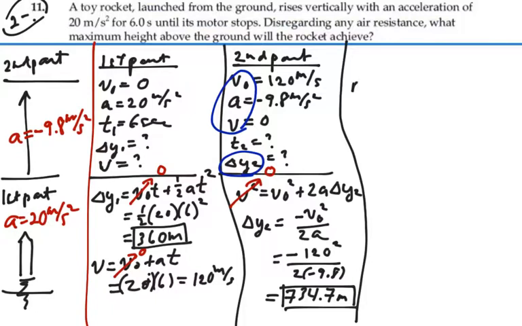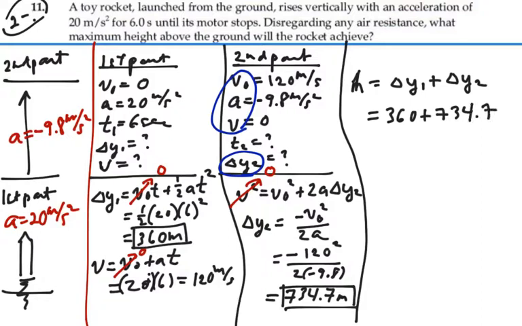Our total height that we achieve will be equal to our displacement delta y1 plus our displacement delta y2, the combination of these two displacements. So we have 360 plus 734.7, which gives us 1,094.7 meters. So the maximum height above the ground that this rocket achieves is 1,094.7 meters above the ground.